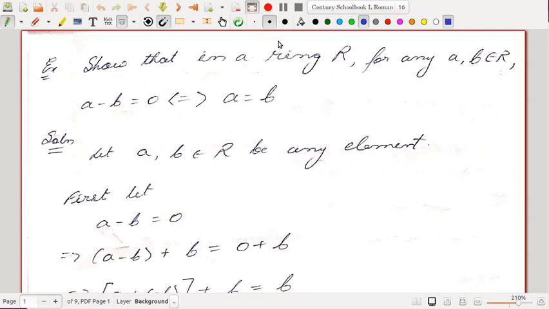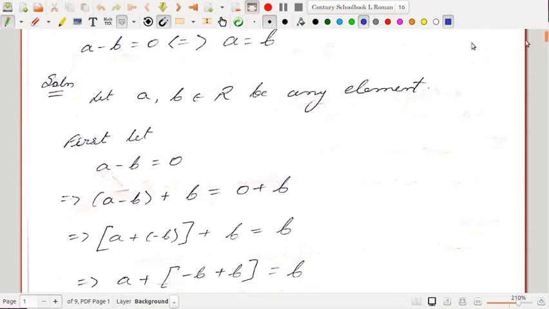It may seem quite obvious, but we have to remember that as of now we do not know this result. We need to prove this result using the properties of a ring. Any set together with the operations that we had defined, which satisfies those particular properties, also satisfies this property. This is what basically we want to show.